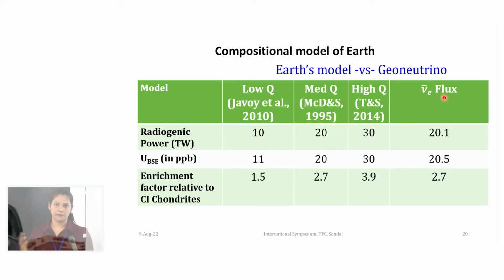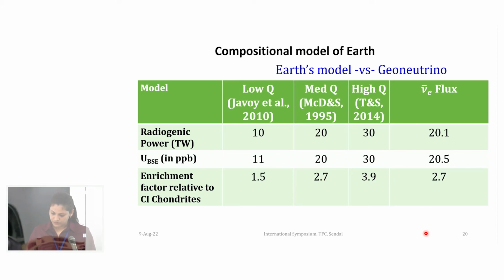And we have an independent constraint from geoneutrinos, which is telling a radiogenic power of around 20. When we compare it with the CI chondrite composition, these are the ratios it will have relative to the chondrites, depending on which model you adopt.